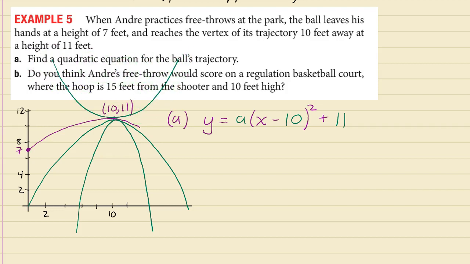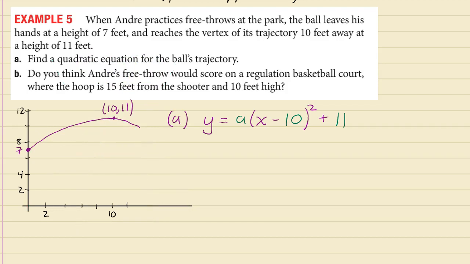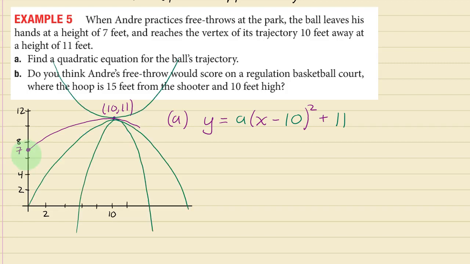Those are the ways it would come out with different values of a. So let's figure out what a is using the other information. Because you notice all of those things I just erased have different y-intercepts here. There's only one parabola that has the right y-intercept and also has that point 10, 11 as the vertex.